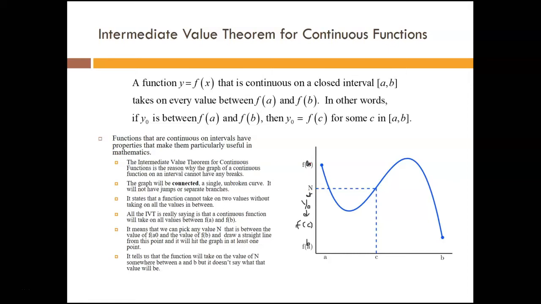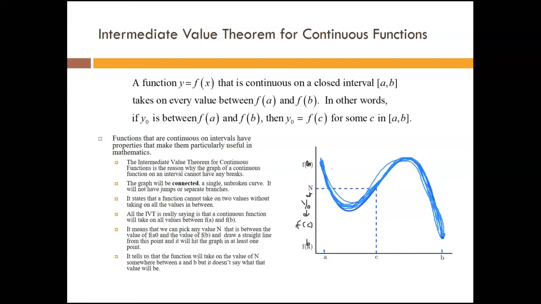If we have a beginning and an end, so our graph starts at A, and here's f of A. It ends at B, here's f of B. We know that to get from point A to point B, this function does not break, bend, etc. It's continuous. I can draw my pencil between them.